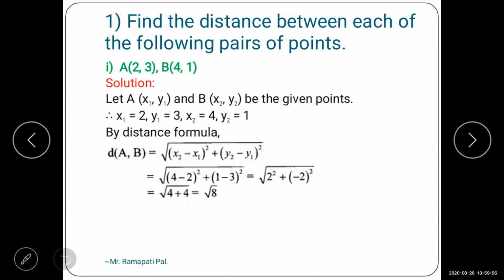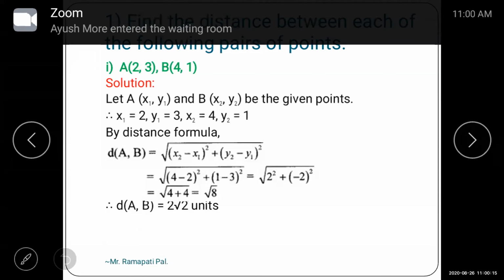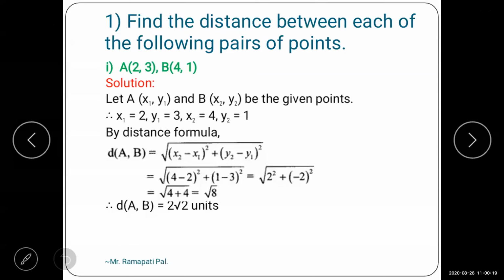So it becomes 4 into 2. 4 is a perfect square, correct? So it becomes 2 root 2, because 4 twos are 8. 4 is a perfect square, so it will come out from the square root and it becomes 2 root 2. Is it clear? At the end, what are you going to write down?